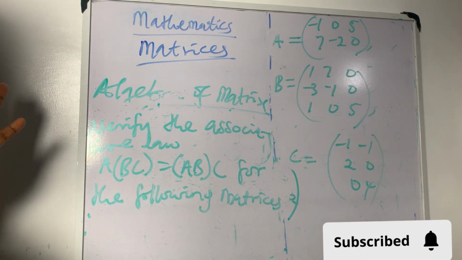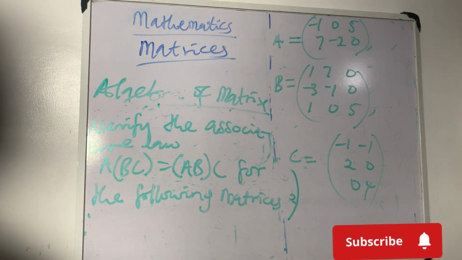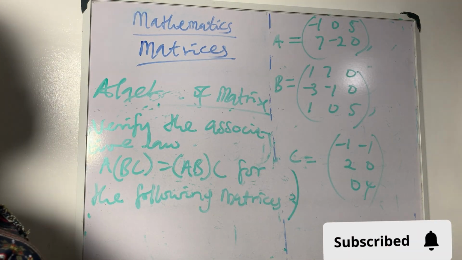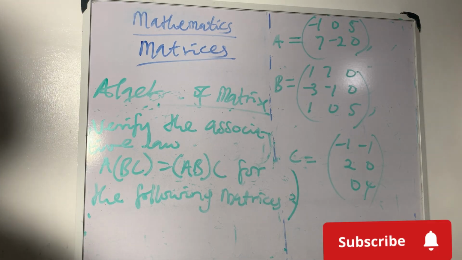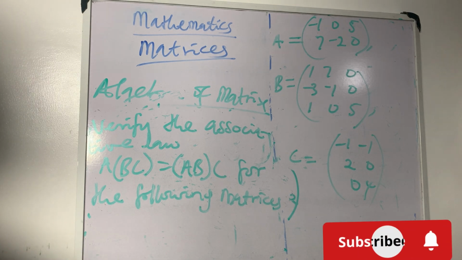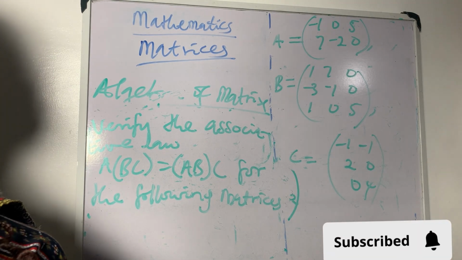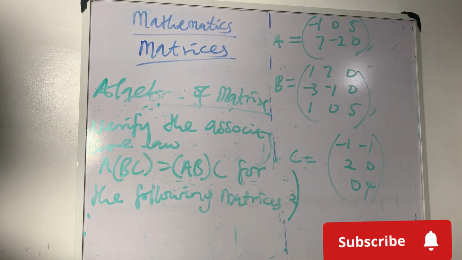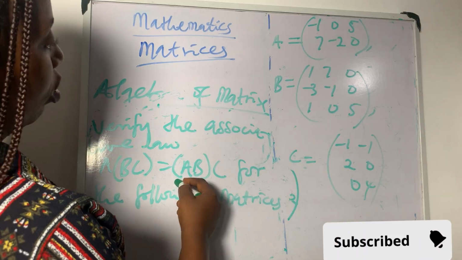And remember, after you're solving, the answer at the left-hand side must be equal with the answer at the right-hand side, because matrix multiplication has the property that it is associative. One of the properties of matrix multiplication is that it is associative. That is, this equal to this.